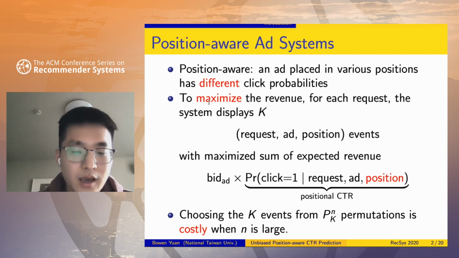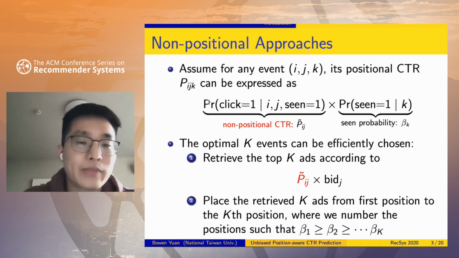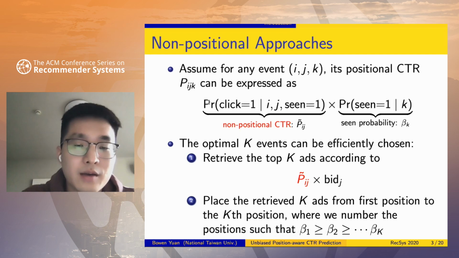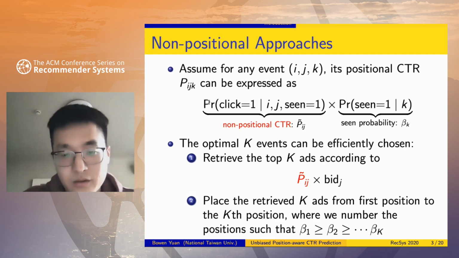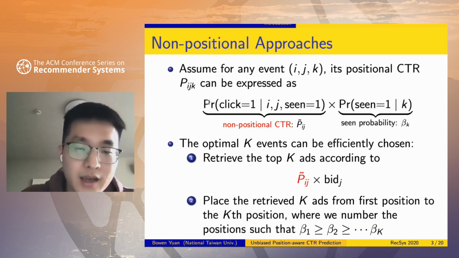However, choosing the k events from the P(n,k) permutations is costly when n is large. So to have an efficient display algorithm, we assume that for each event, its positional CTR can be expressed as a non-positional CTR p tilde ij times a seen probability beta k.